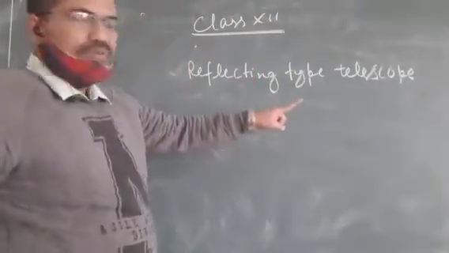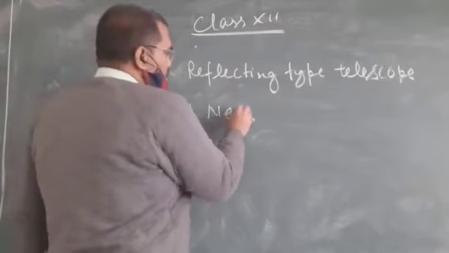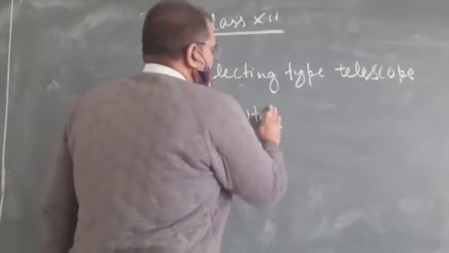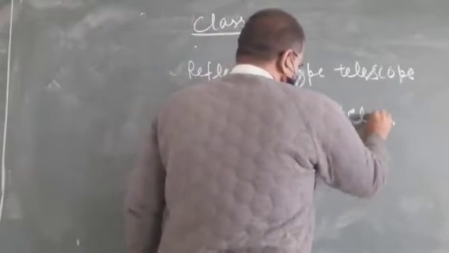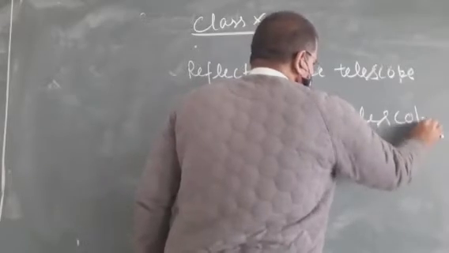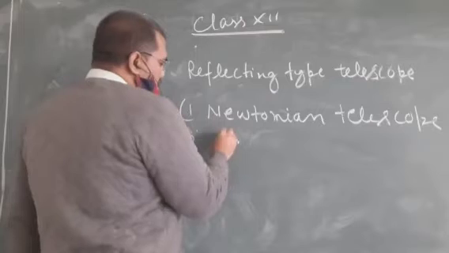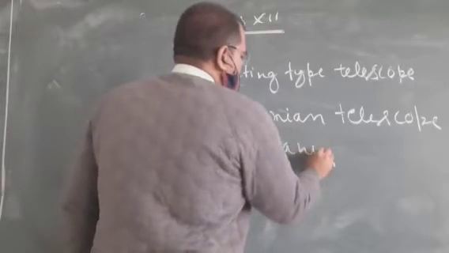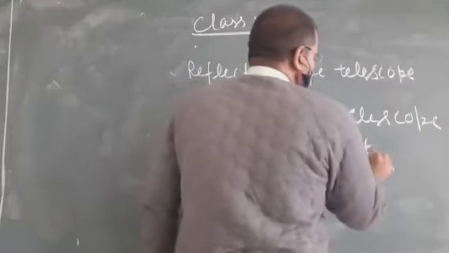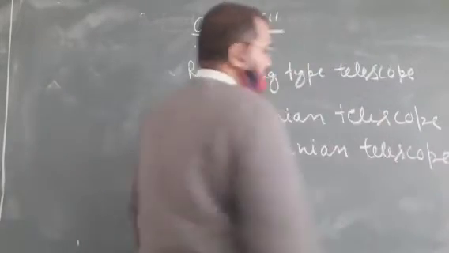Reflecting type telescope is of two types. First is Newtonian telescope. Second is Cassegrainian telescope.